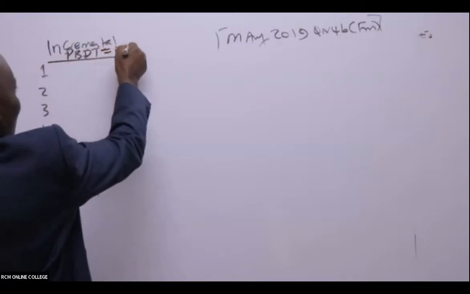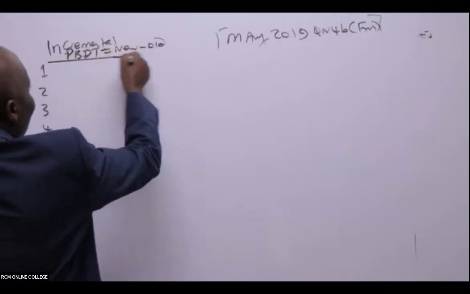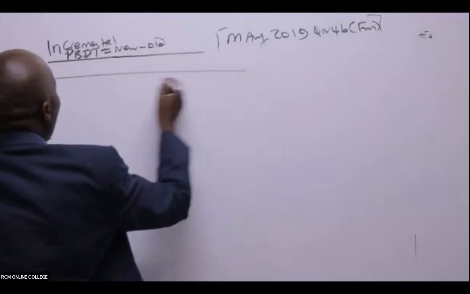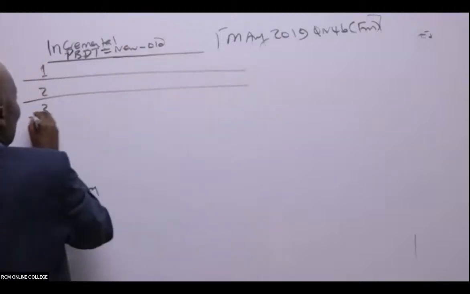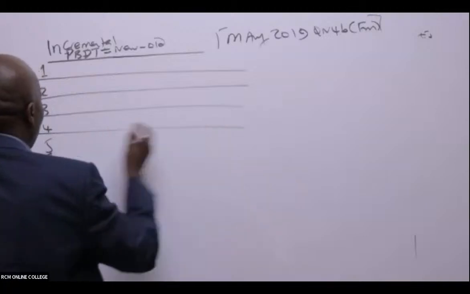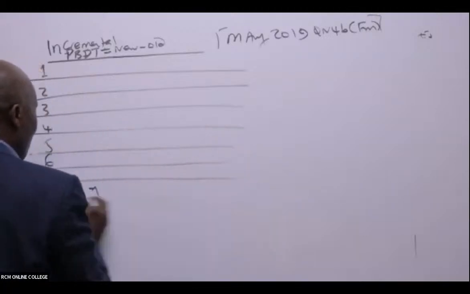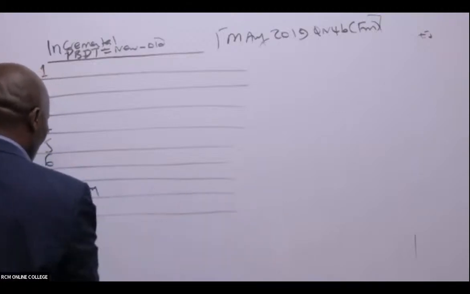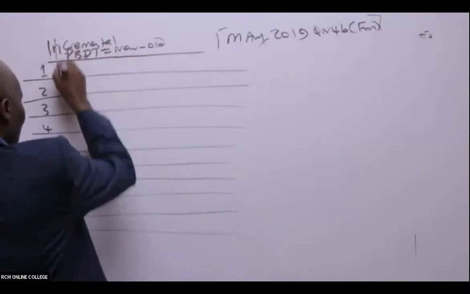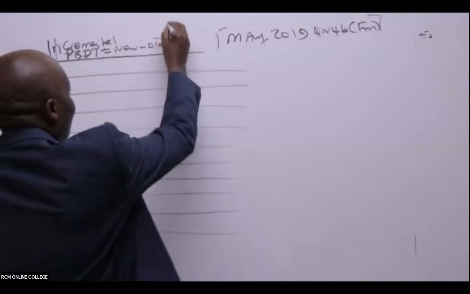So you are taking the new minus the old. We are taking new minus old. Are you able to see those profits, ladies and gentlemen?